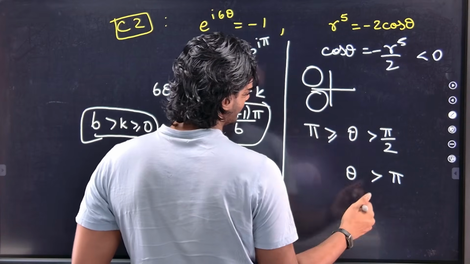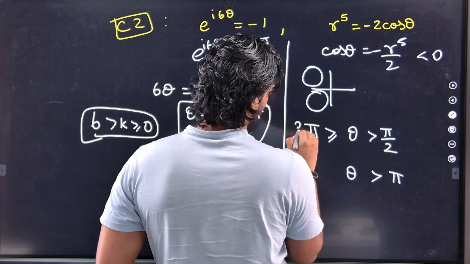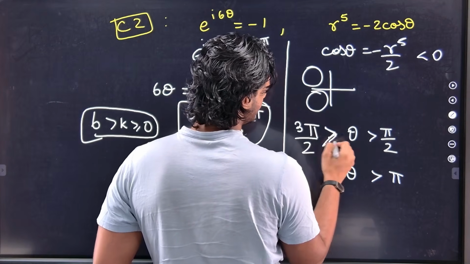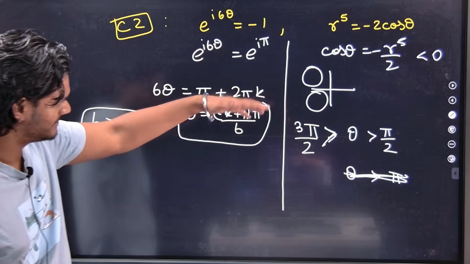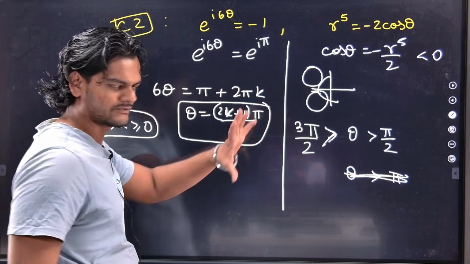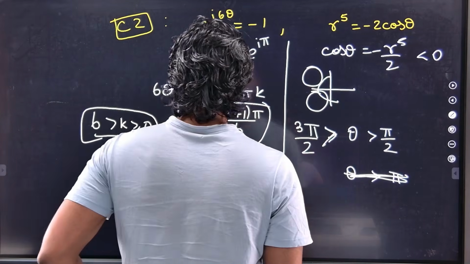So basically I can include all these, right? I can take this strictly between pi by 2 and 3 pi by 2. That would be better, because it's basically this whole range of semicircle angle.